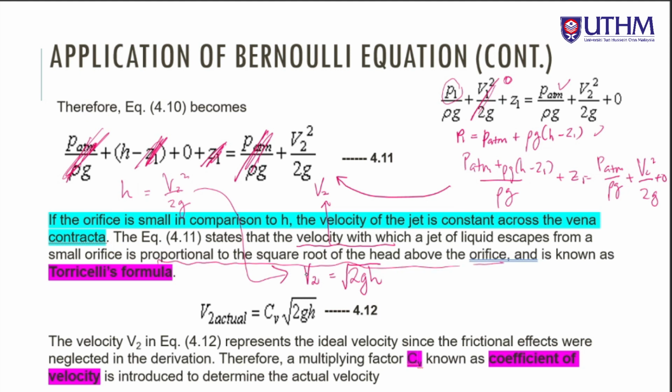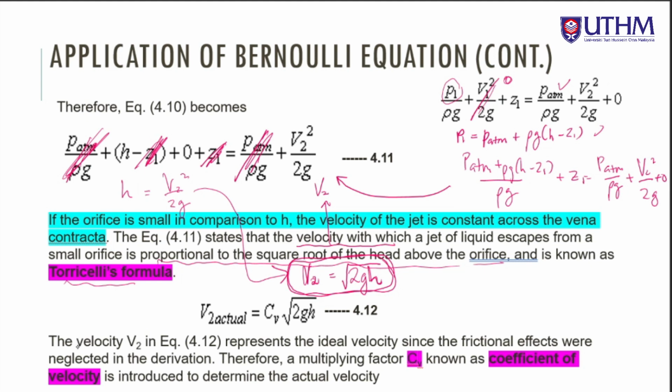V2 is proportional to the square root of the head, this H value. Okay. And this is known as Torricelli's formula.